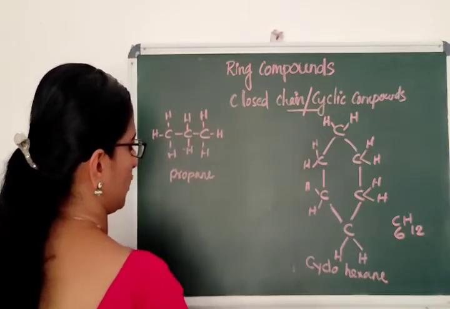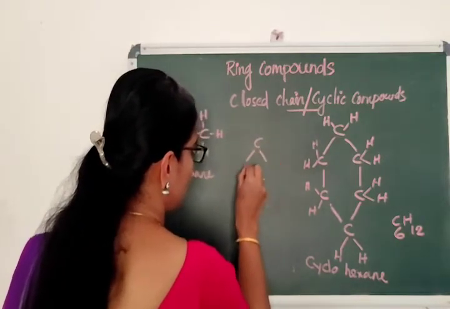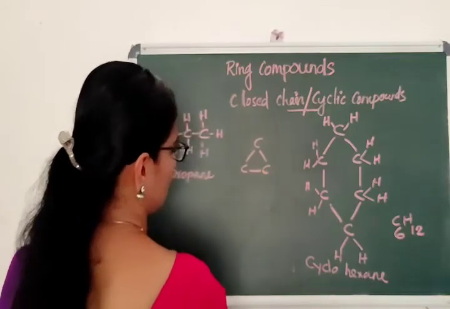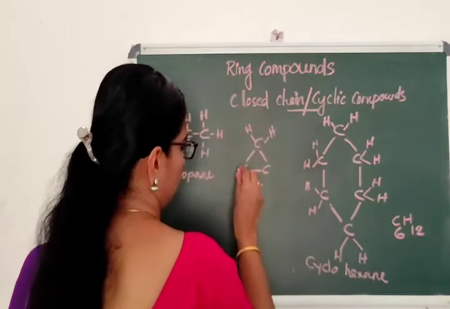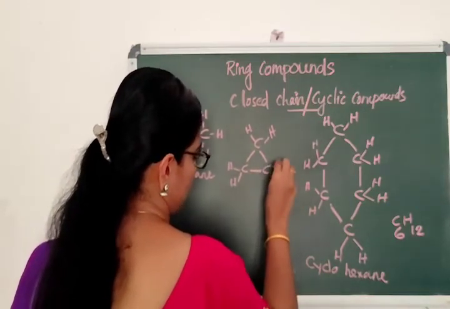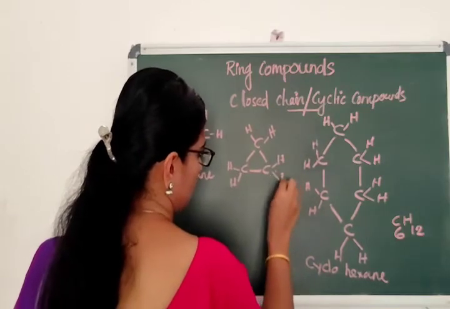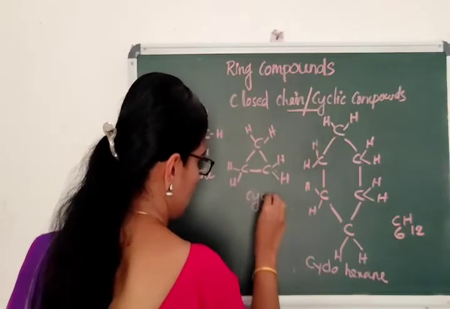How do I draw the cyclopropane? For that, the ring should be closed, the 3 carbons should be closed. After that, the valencies should be satisfied. This is propane and this is cyclopropane.